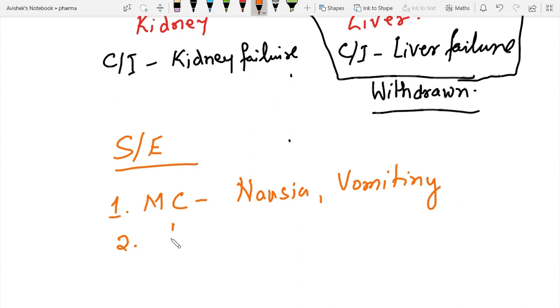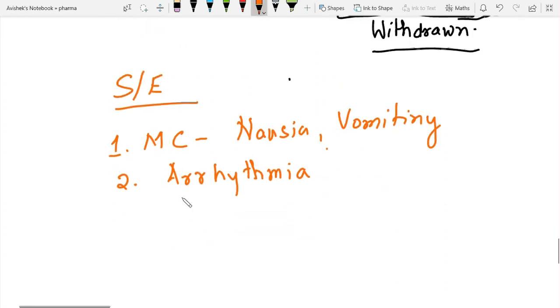Second side effect, it can cause arrhythmia because calcium will increase and increase the contractility. The most common arrhythmia caused by digoxin is ventricular bigeminy.